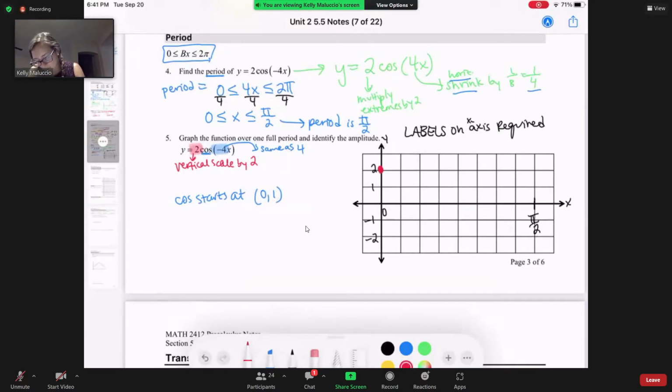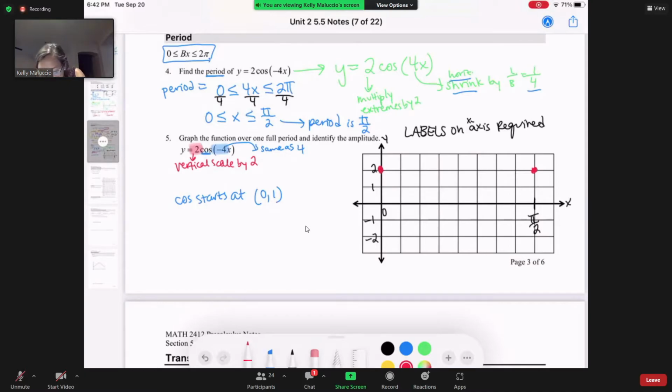Because my end point is going to be my period, right? So now I know that my 0 is going to have to be exactly in between 0 and pi over 2, which I know is pi over 4. Again, you could plug in pi over 6, pi over 4, some of these things that we know cosine for and see what we get.